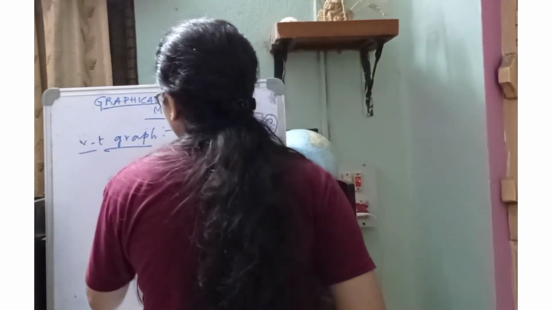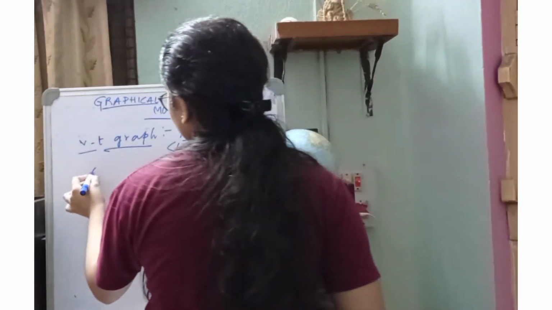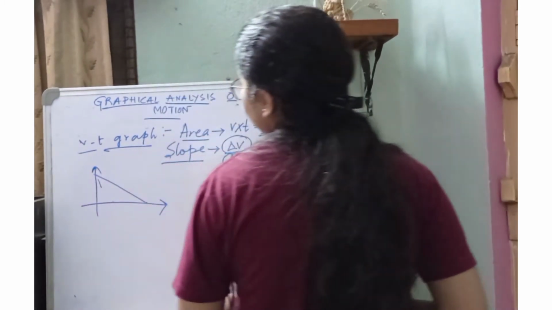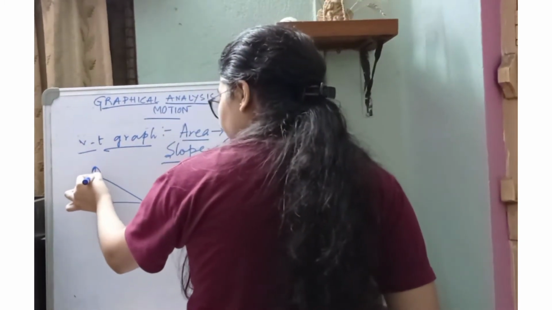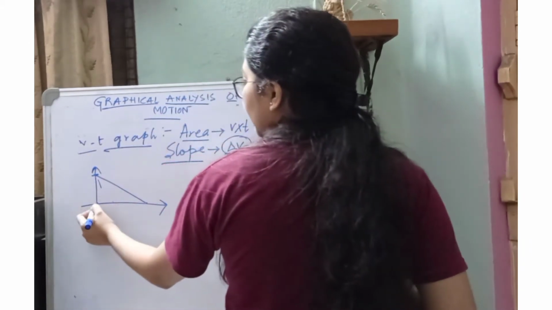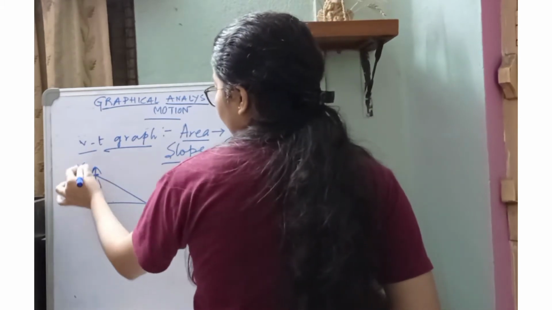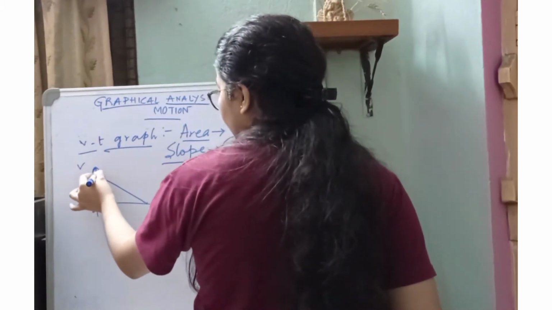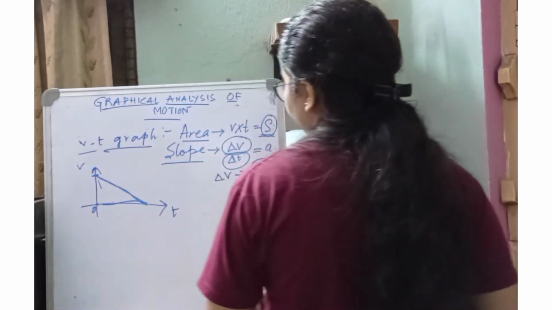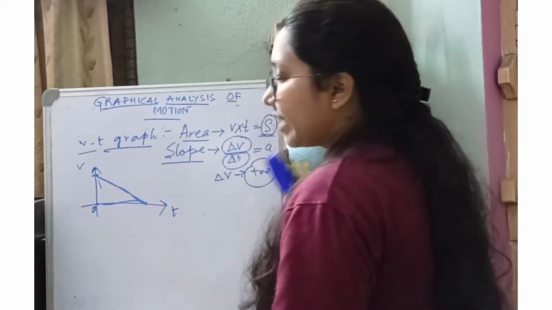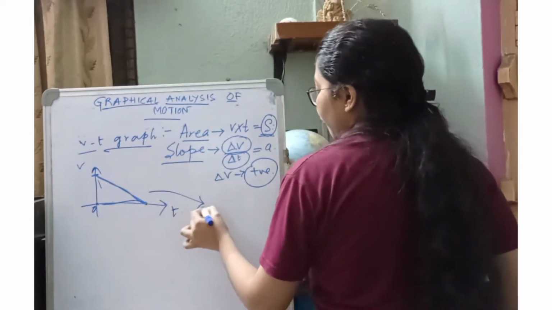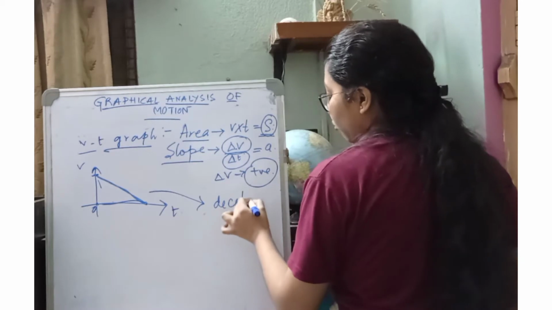Now if the graph looks something like this, downward, it had some constant velocity initially at t equals 0. This velocity is linearly decreasing as time is increasing. So because velocity is linearly decreasing, this is the graph of decelerating motion.